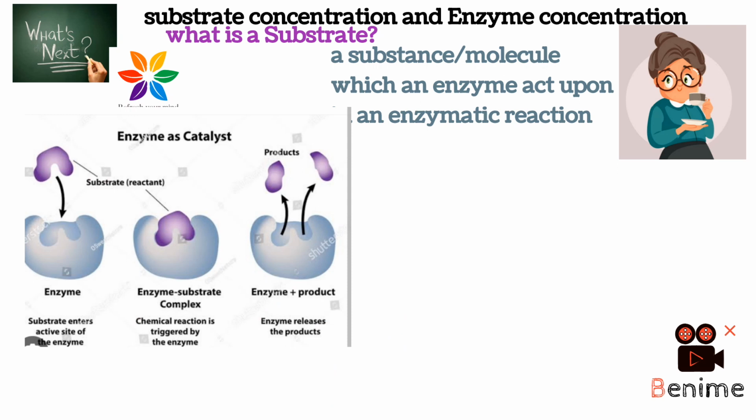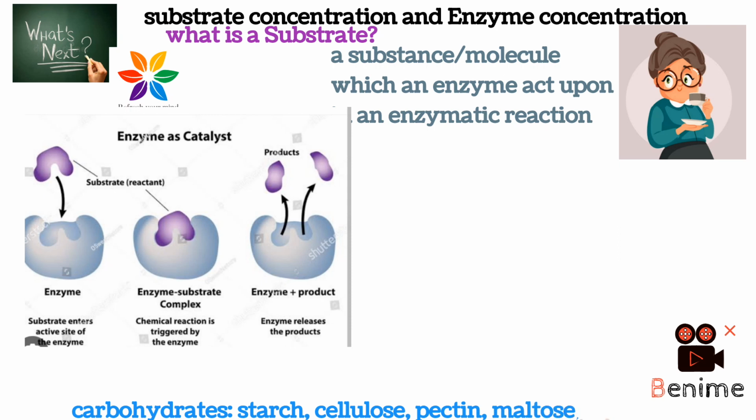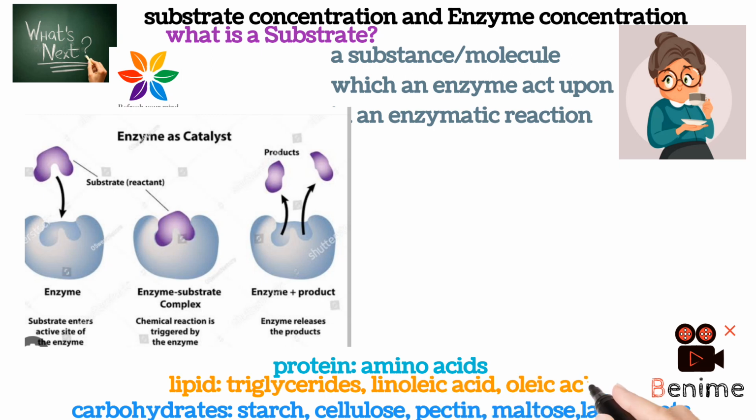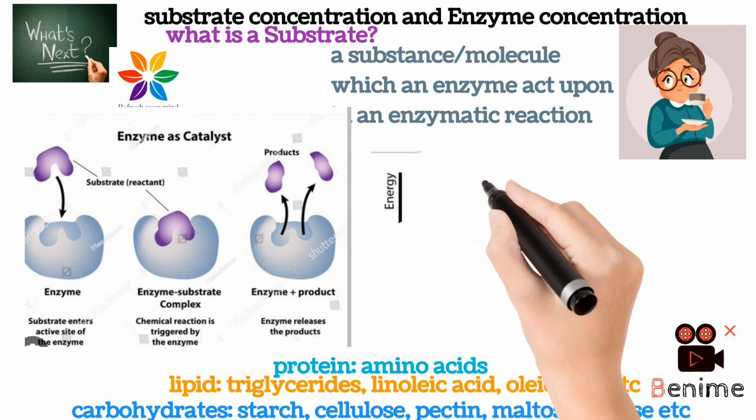Now the examples of substrate: we have carbohydrates. Under carbohydrates, we have substrates like starch, cellulose, pectin, maltose, lactose, etc. Under protein, we have amino acids. Under lipid substrate, we have triglyceride, linoleic acid, oleic acid, and the rest of substrates.